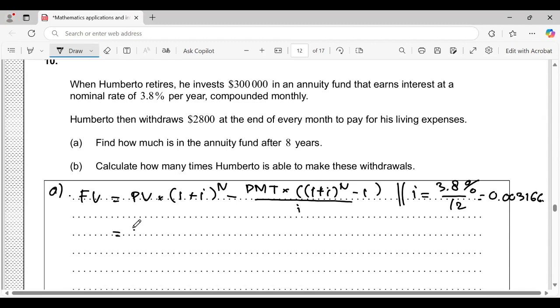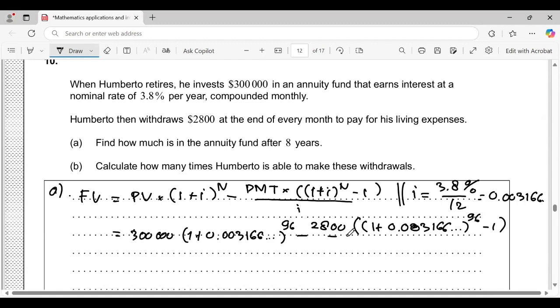0.003166. So PV equals 300,000 times 1 plus this number 0.003166 power 96, minus PMT, which is 2,800, times 1 plus 0.003166 power 96 minus 1, divided by 0.003166.